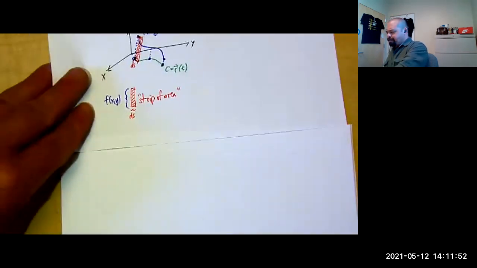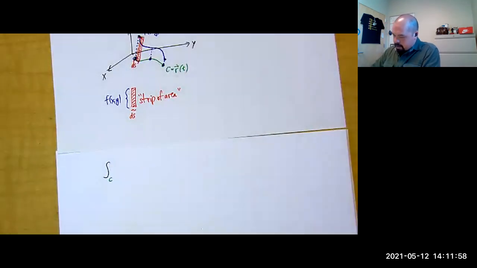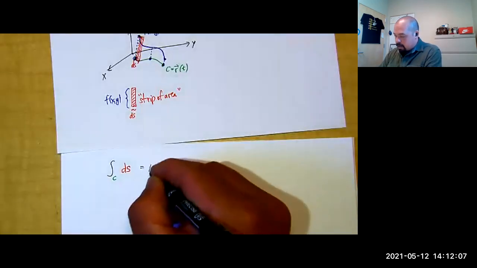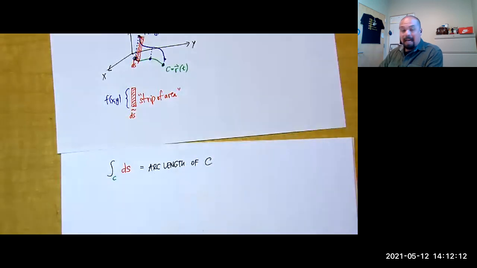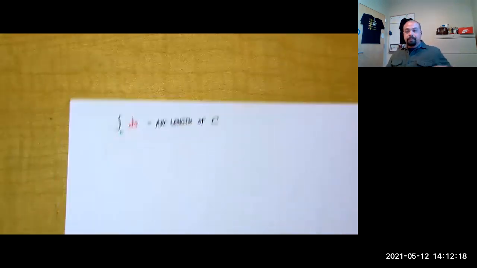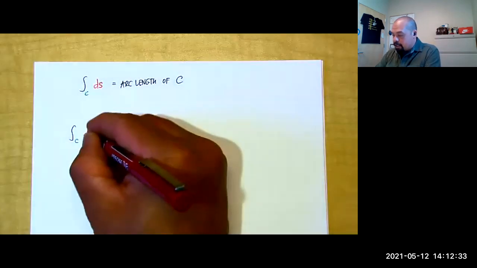Okay. And so as we start to go through, if our function is a constant 1, this is just the arc length of how long that curve is. Okay. And so back in our second semester calculus here at MPC, you might remember with some of the arc length discussions there.